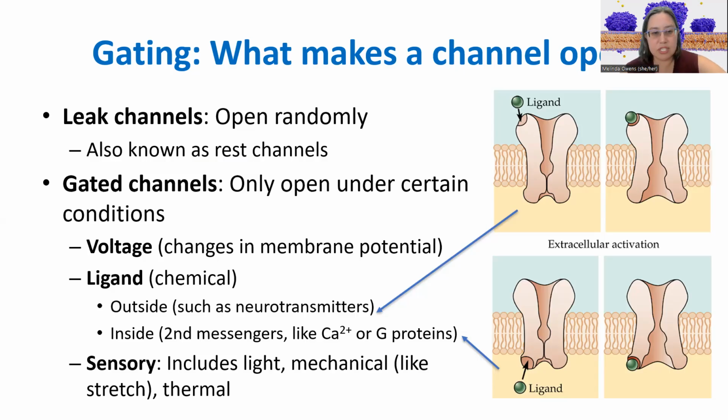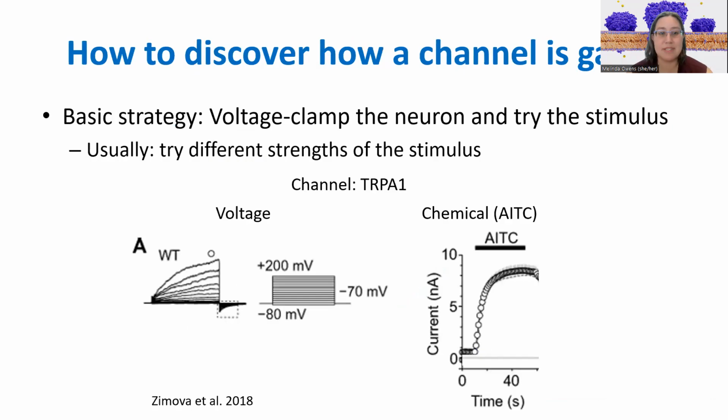And so we have voltage gated channels, which we're going to be talking a lot about. We have ligand gated channels that can be opened by either external or internal stimuli, chemicals, and we have sensory channels, like light gated channels, mechanical channels, thermal channels, all sorts of things. And so how do you measure whether a channel is gated by a particular stimulus?